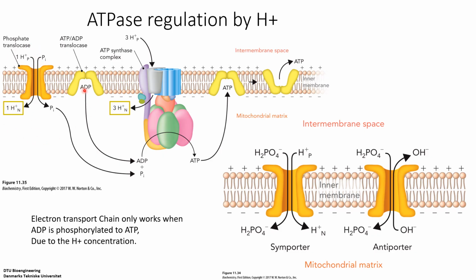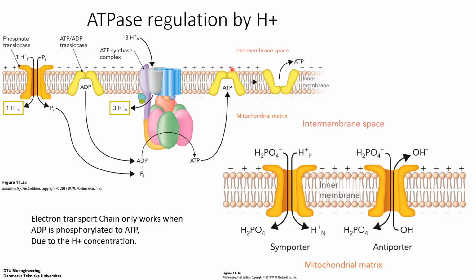That is one way. Then there is the ADP/ATP translocase. This pump, at a high proton level, is transporting ADP through, and only ADP, but at a low proton level, it will not pump the ADP through.